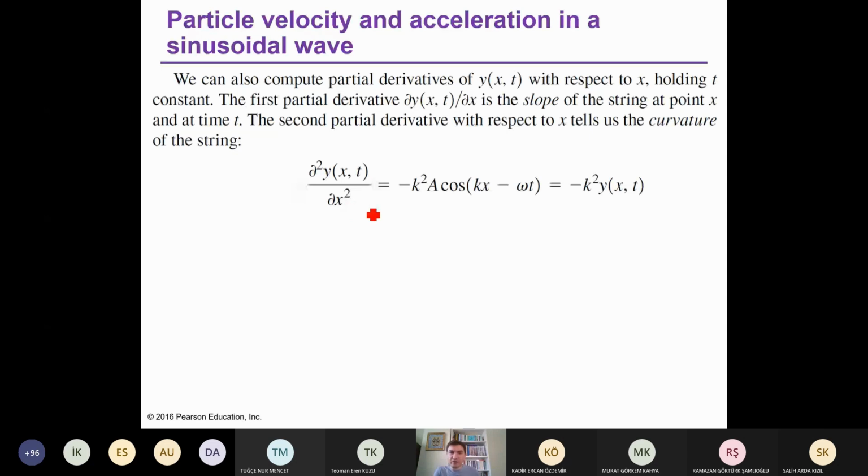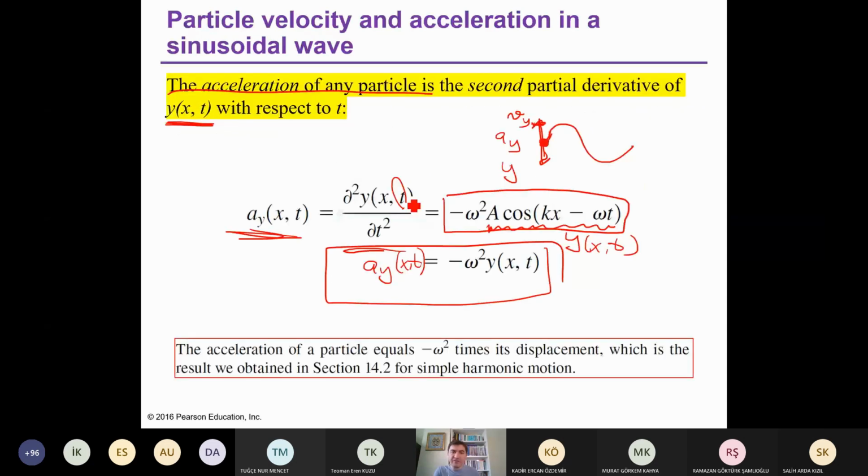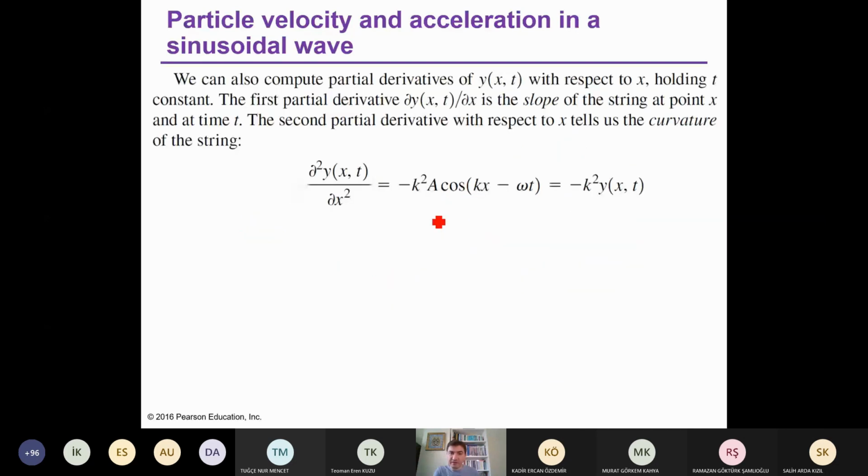So then we have this one. Here, we have the second partial derivative of this equation with respect to time, but here we have the second partial derivative with respect to x, okay? So then we have this result, minus k squared A cosine (kx − ωt). So we have just done this one.